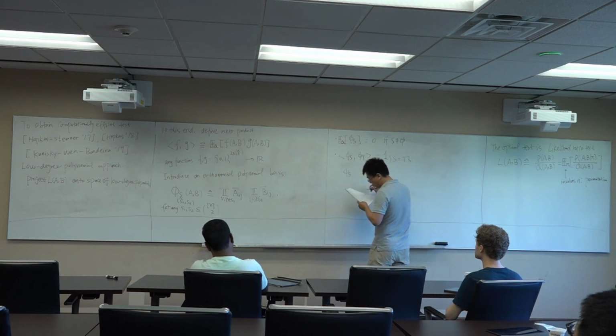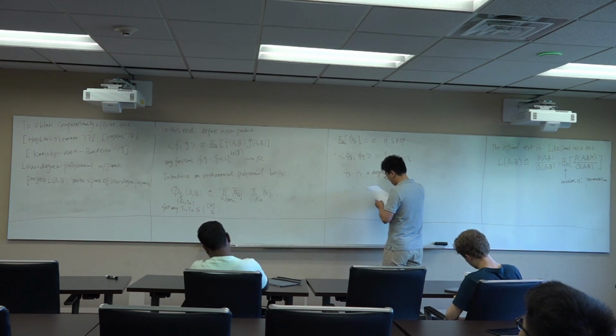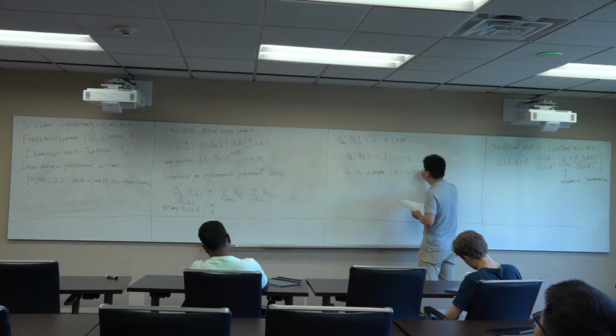Another thing you can check is that phi S is a polynomial, where the degree is the cardinality of S1 plus the cardinality of S2.